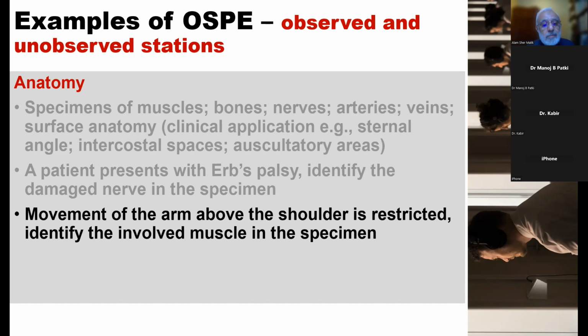Or another example, that movement of the arm above the shoulder is restricted. So there is a patient who has this problem, and the student is required to identify the involved muscle in the specimen. This means, again, the student has to know which muscle is involved in this patient's complaint, and they have to identify that muscle in the specimen provided.